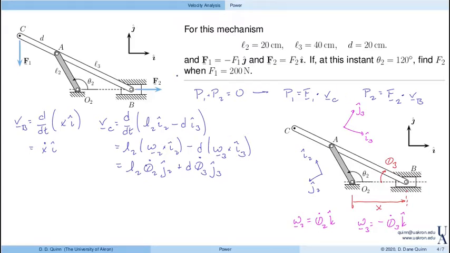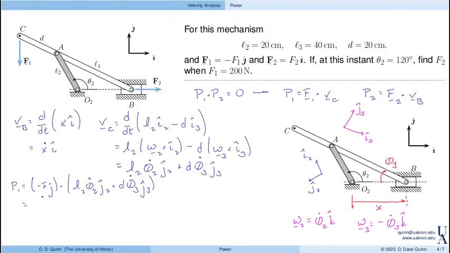So now I can calculate these powers, right? P1 here is minus F1 in the J direction, because that was F1, dot the velocity of C. So L2 theta 2 dot in the J2 direction plus D theta 3 dot in the J3 direction.